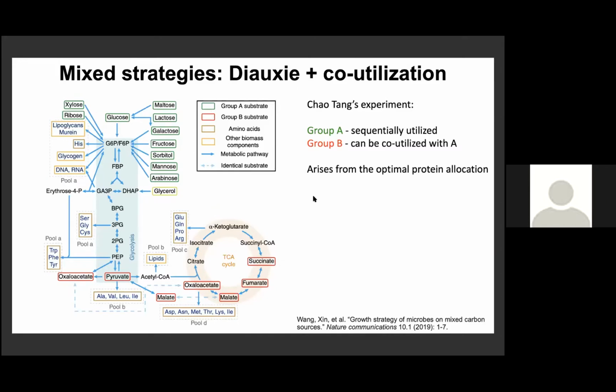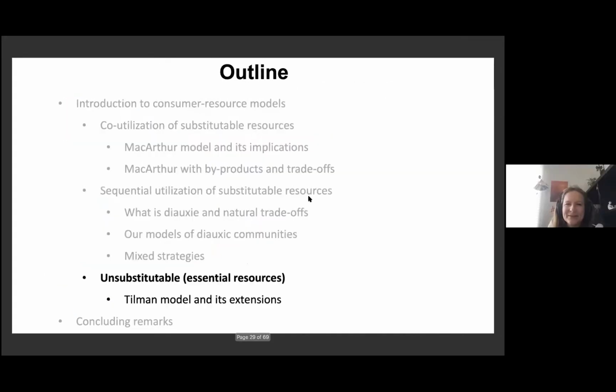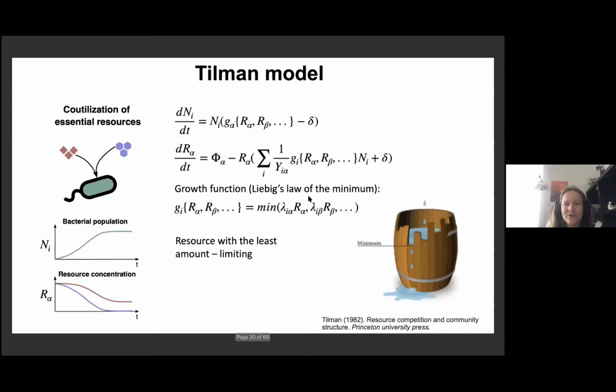Okay, so we're hopefully done with diauxie and we can move to essential resources. This whole notion of essential resources actually comes to the microbial field from plant biology.